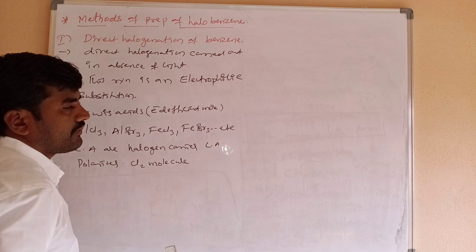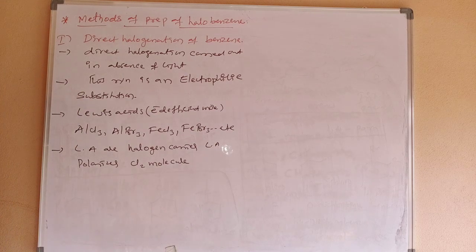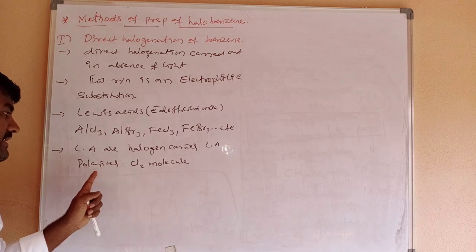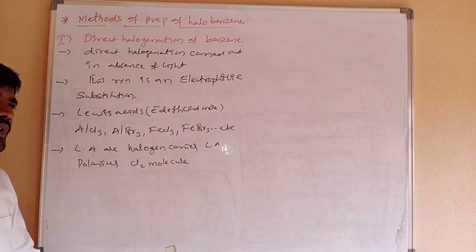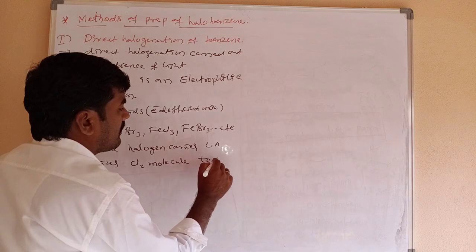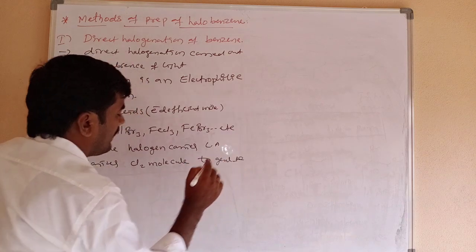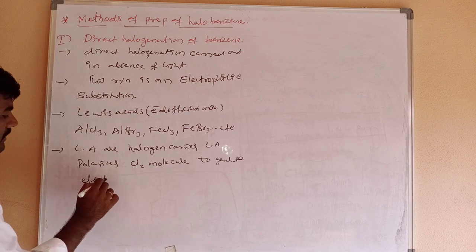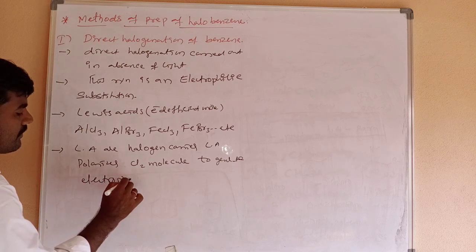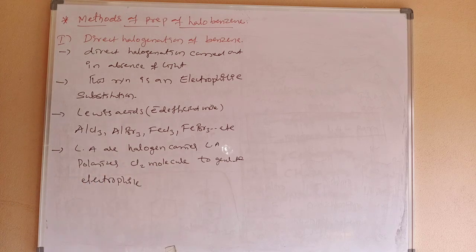Lewis acids act as halogen carriers and they polarize the Cl2 molecule to generate the electrophile. Clear?